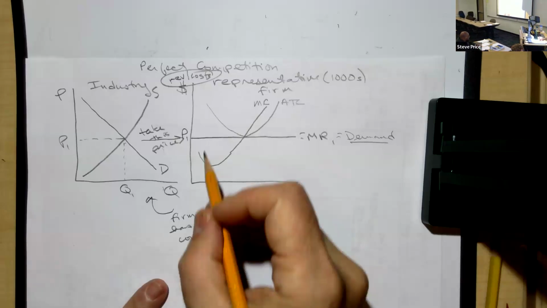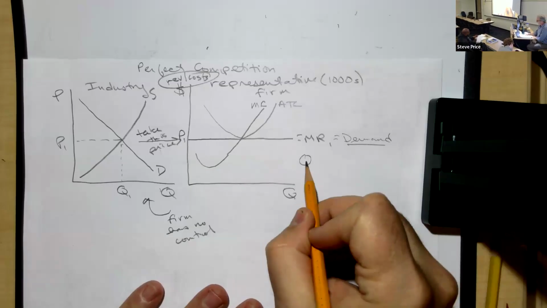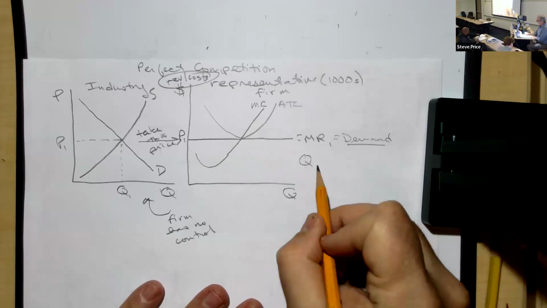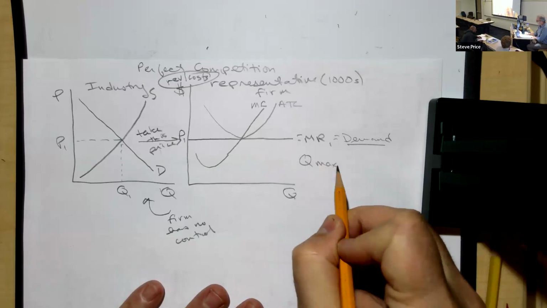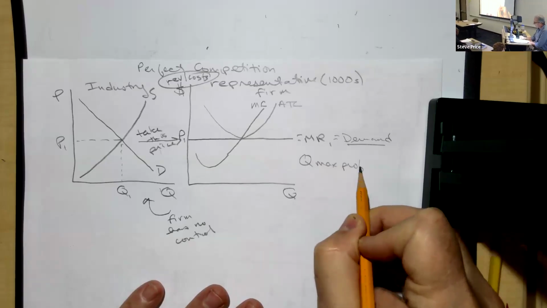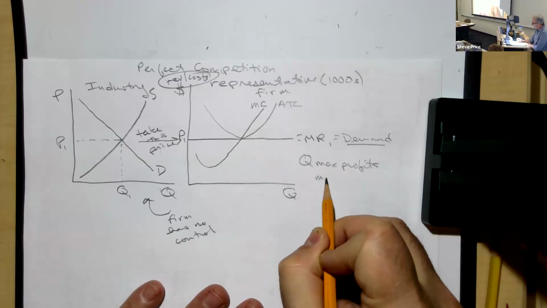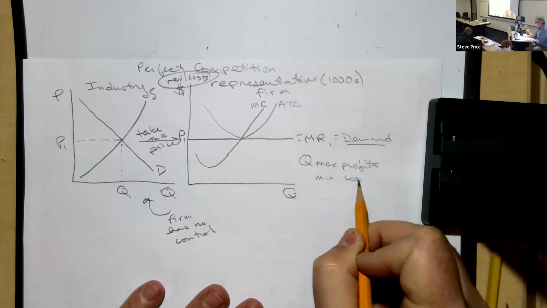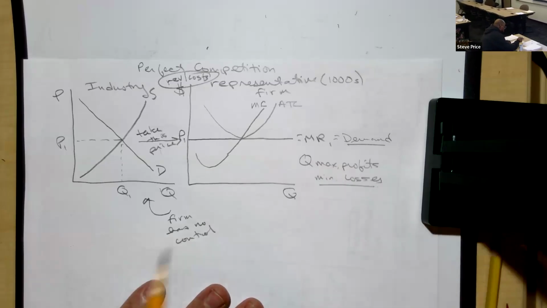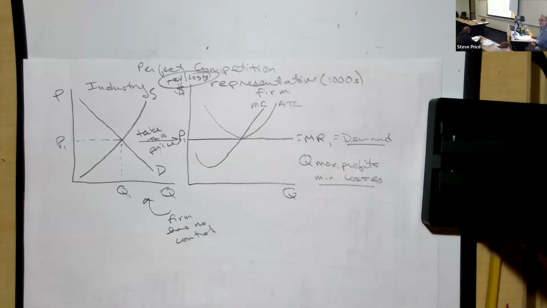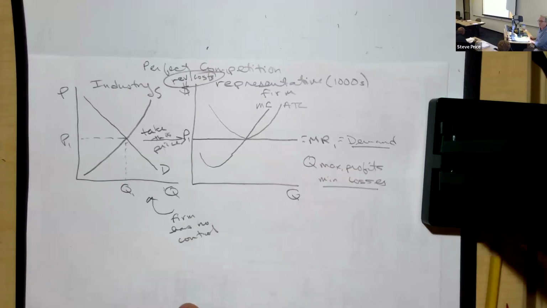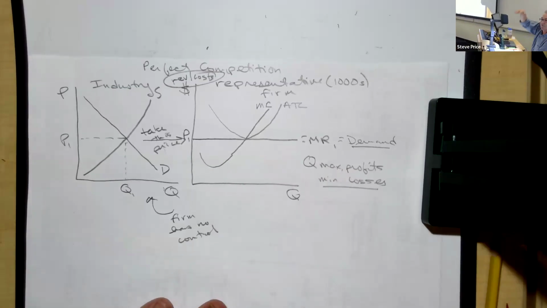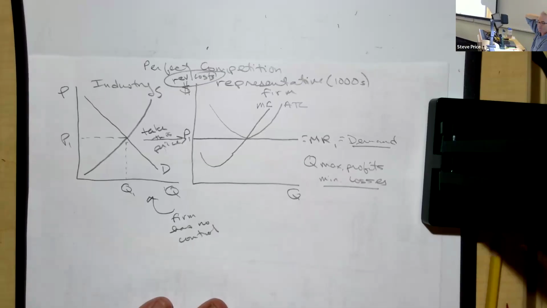Now, what's key here is the way we get our quantity that is maximizing profits or minimizing our losses. Why minimizing losses? Because in agriculture or any of these fields, the price, remember, is volatile. So there's some years you make money and some years you lose money.